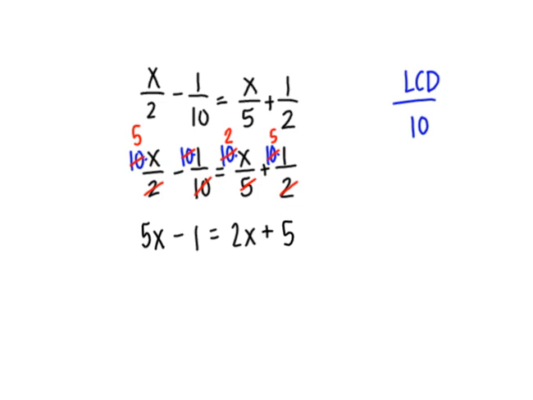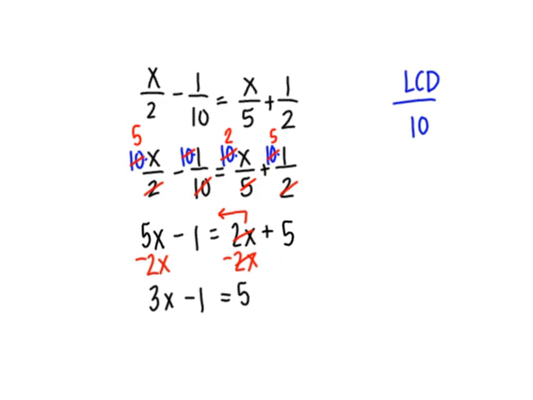This means I have to move an x. I'm going to choose to move the 2x over. To move it, I change its sign, so I'm going to subtract 2x from both sides. 5x minus 2x is 3x. My resulting equation is 3x minus 1 equals 5.